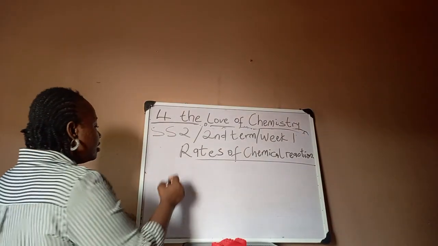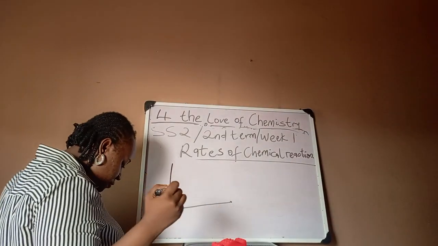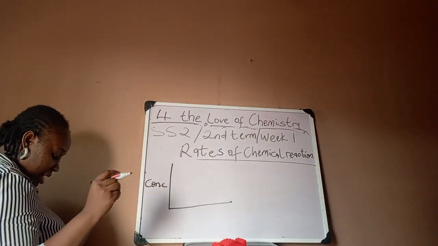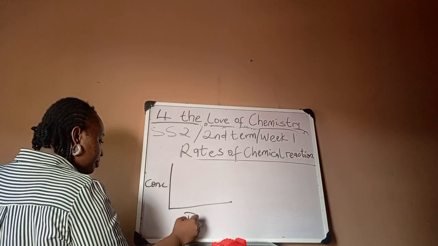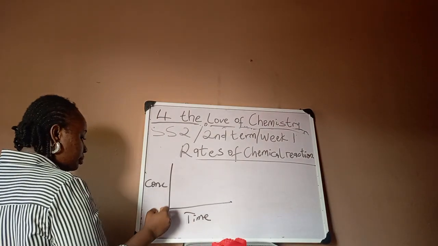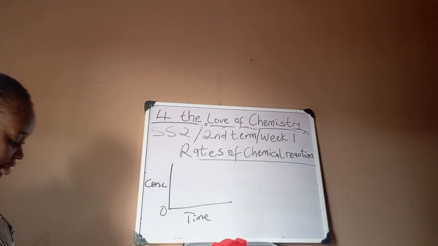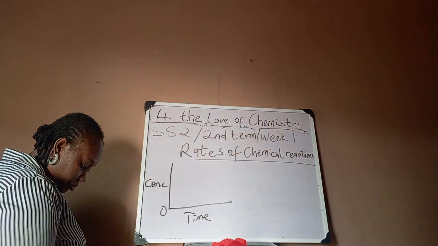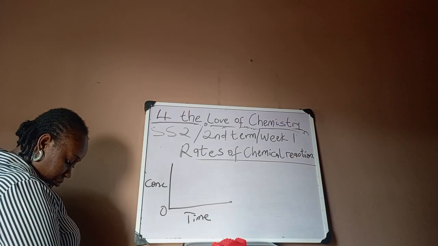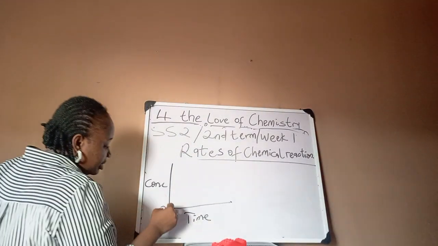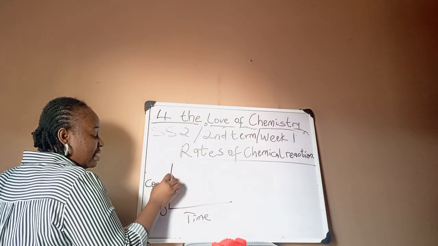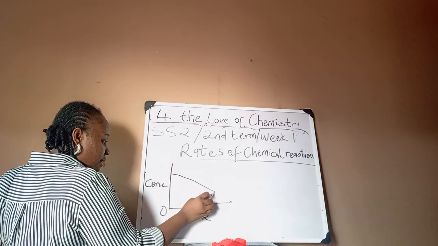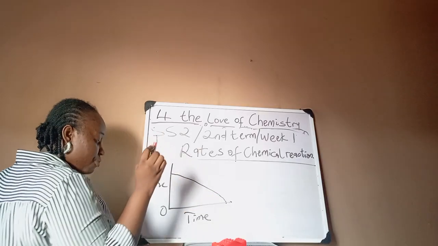So if you are to draw a graph of the concentration of reactants and products per unit time. So as time is going, what happens is that if your reactant was here, as time is going, the reactant is coming down because the reactant is being converted to product.